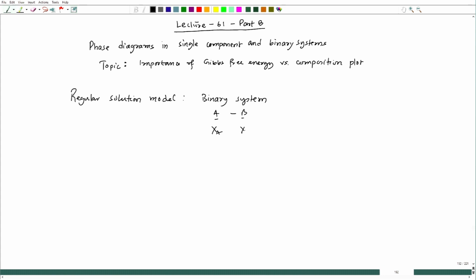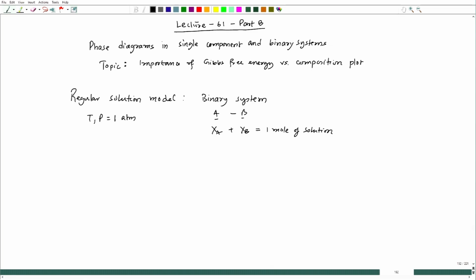X A and X B are the mole fractions. When you add them together, we are getting 1 mole of solution. And we are taking temperature and pressure constant, and at every constant temperature and pressure we are trying to draw the free energy composition diagram. So, pressure is kept always 1 atmosphere.